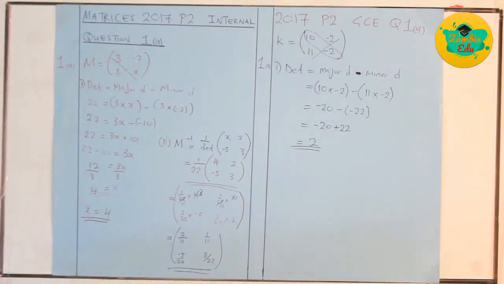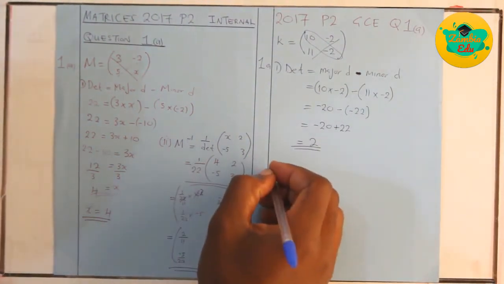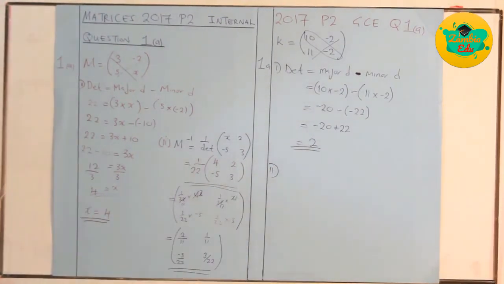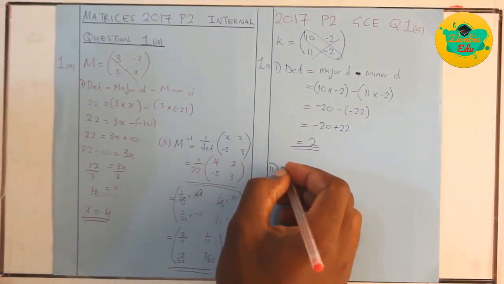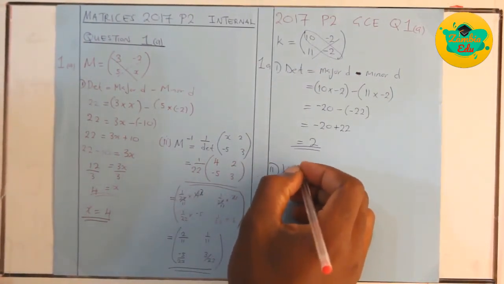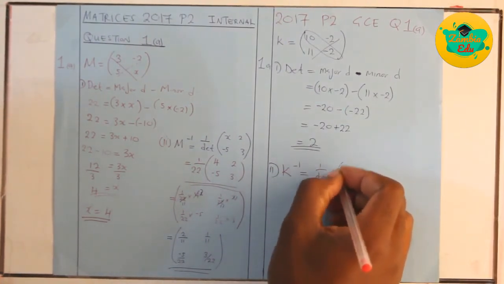Part B of that question says find the inverse of K. So second part is talking about finding the inverse of matrix K. As we know, we're going to say K inverse is equal to 1 over the determinant.